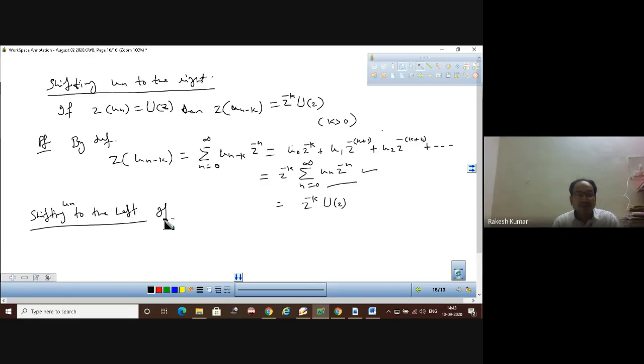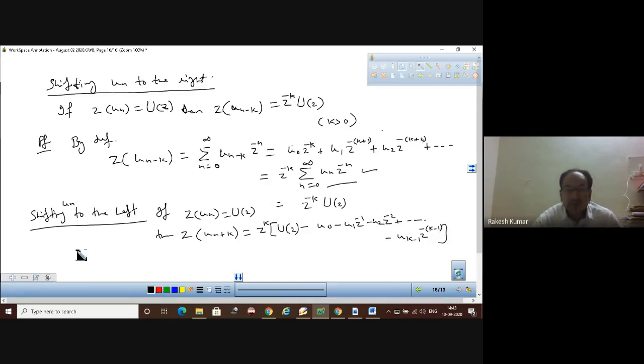And the statement is: if the Z transform of u n is a function of z, then the Z transform of u of n plus k will be z power k times U of z minus u naught minus u1 z power minus 1 minus u2 z power minus 2, and so on, and there will be minus u of k minus 1 z power minus of k minus 1.